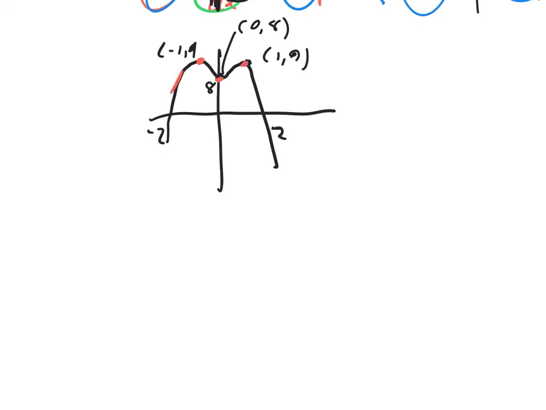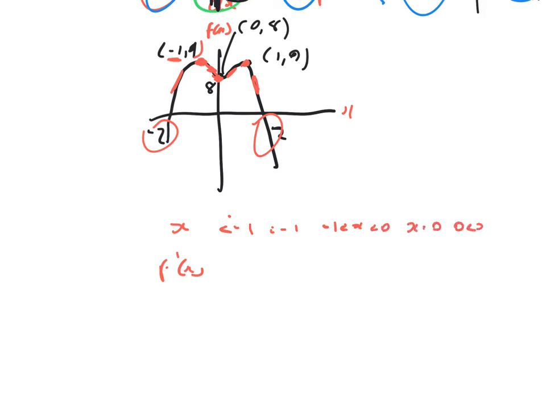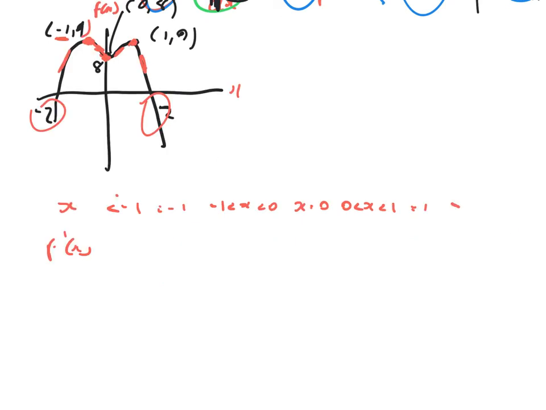We're looking to look before, between, at, and after stationary points. These two are a distractor, there's nothing much happening there. Okay. So it's x versus the gradient. So the first stationary point occurs at -1, so we're going to look before -1, at -1, between -1 and 0, at 0, between 0 and 1, at 1, and after 1.